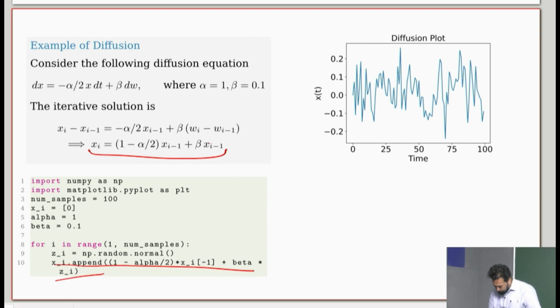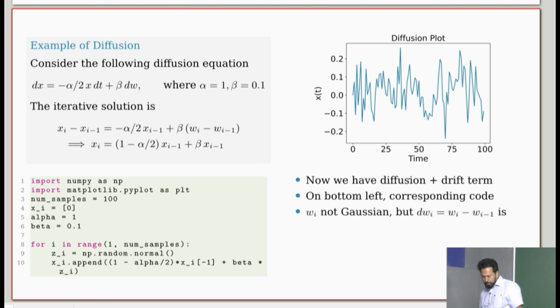Yeah, there is a mistake here, it should be Z_{i-1}. Again, it is random standard normal, and this is the plot you see. This is how this evolves. Right now there is no physical meaning to these things, but many real life problems are modeled like that. In our case, the real life problem is the diffusion model.